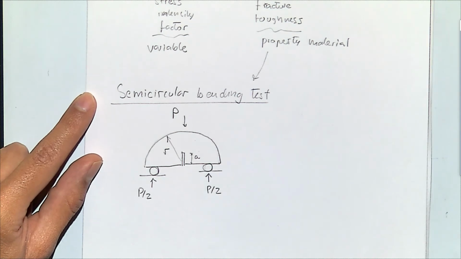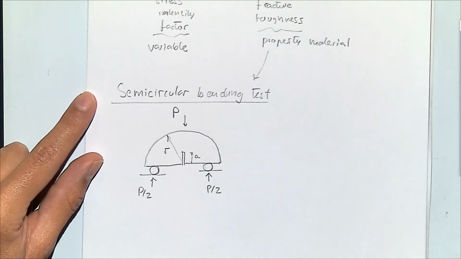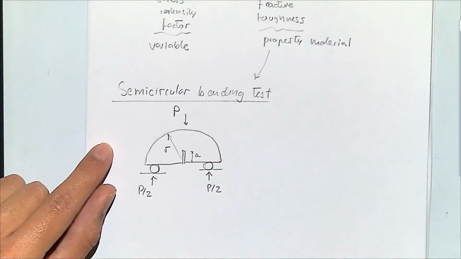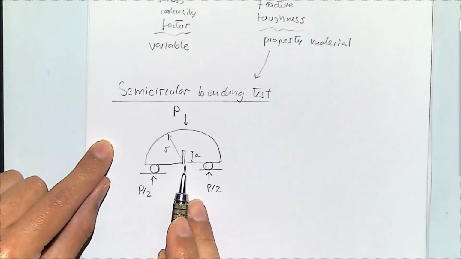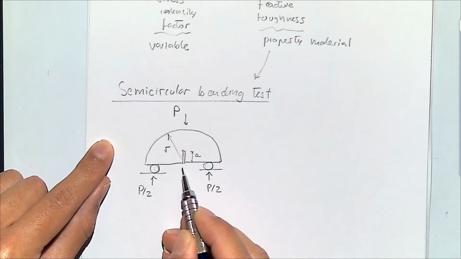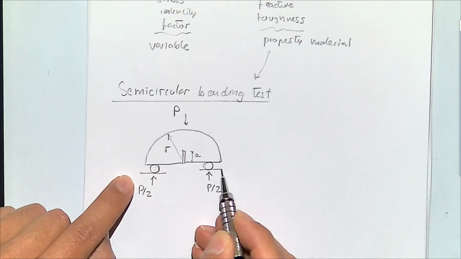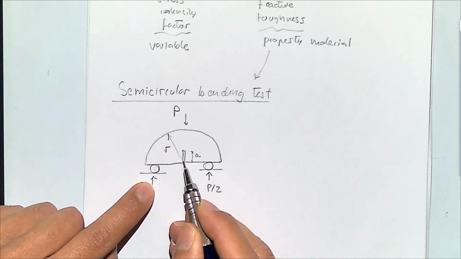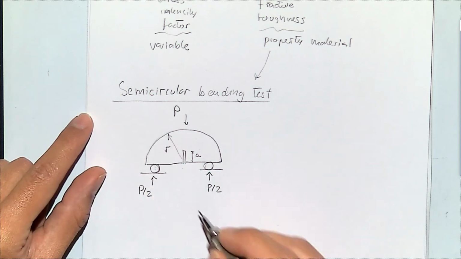All right, let me see what I am forgetting. As you may notice here, it's very important that here we quantify what is the distance between here and there, because the bigger the distance, the higher the stress I'm going to create here, and also the bigger the notch, the higher the stress I'm going to create.